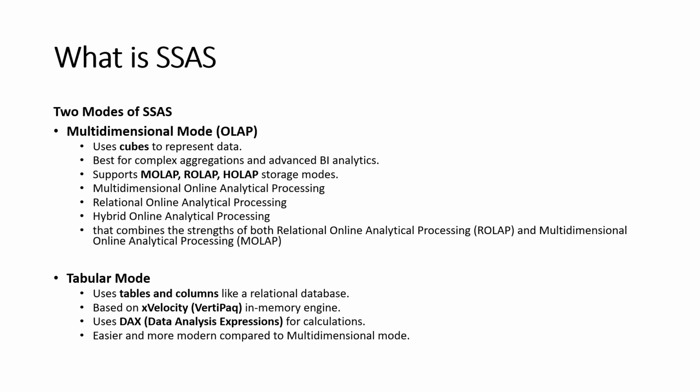Continuation to what is SSAS. There are two models of Analysis Services: the multidimensional mode and the tabular mode. The multidimensional mode uses cubes to represent data, is best for complex aggregations and advanced BI analytics, and supports multidimensional online analytical processing, relational online analytical processing, and hybrid online analytical processing.